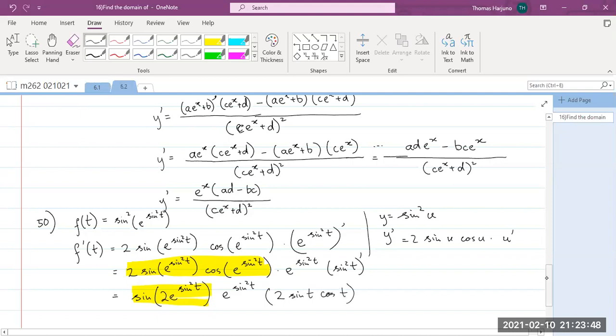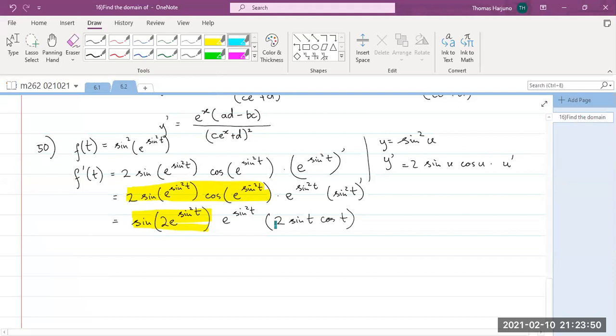But we can actually still simplify that part, right? This is sine 2t, that's the blue part, times e to the sine squared t times sine of 2e to the sine squared t.